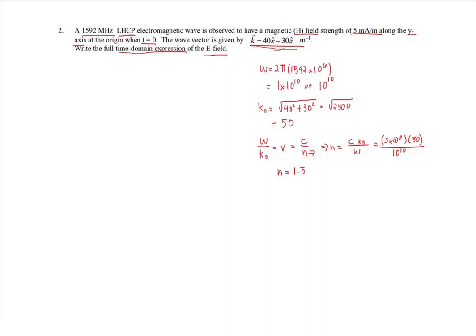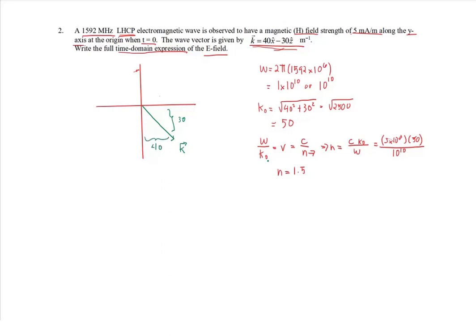So now that we have those things, we could draw our axes. K is 40x negative 30z, so that's going to be along the fourth quadrant. It's going to be over here. So this is our k vector, and this one's going to be 30, this one's going to be 40.